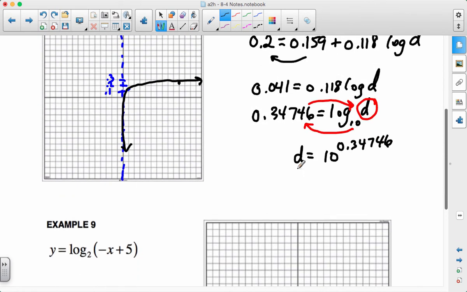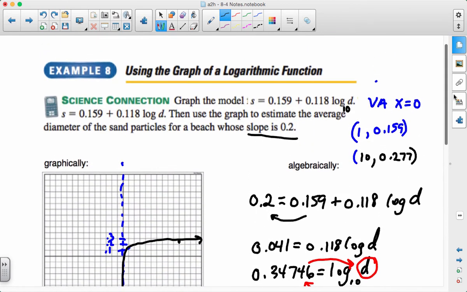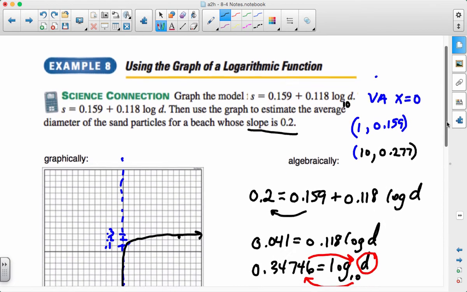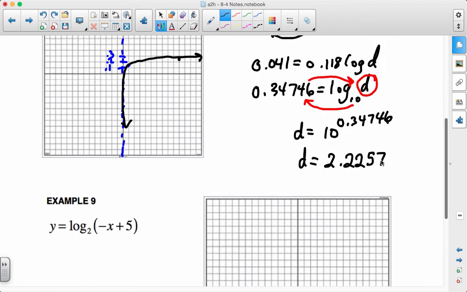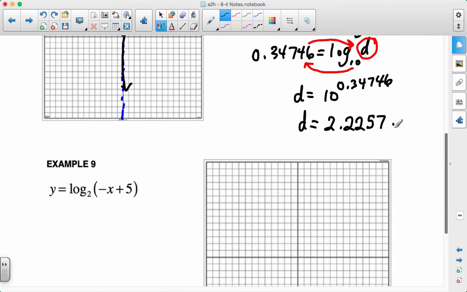All right? You crank that out in your calculator. Your diameter will be 2.2257 whatevers. What is it? Diameter, I can't remember what it is. Millimeters or whatever it is. Okay? Units, we'll say. Units.